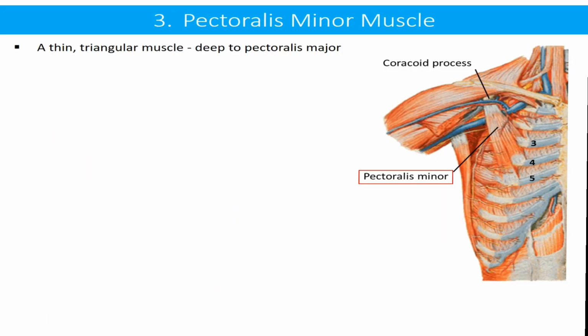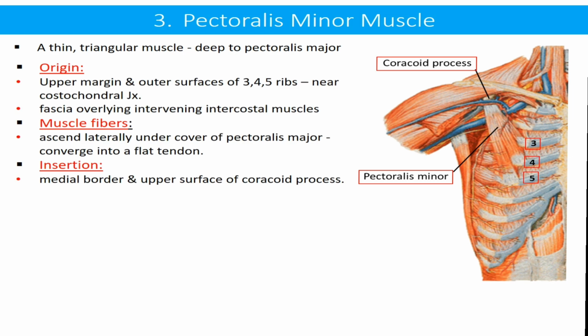Pectoralis minor muscle is present as a thin triangular muscle sheet deep to pectoralis major. It originates from upper margin and outer surface of third, fourth, and fifth ribs near costochondral junction, and in addition from fascia overlying intervening intercostal muscles.